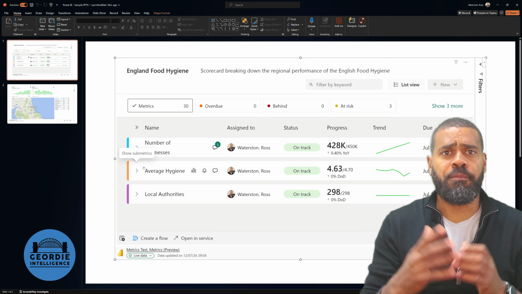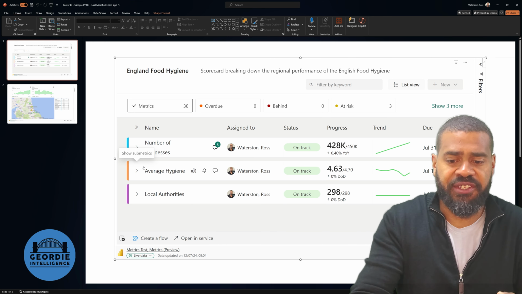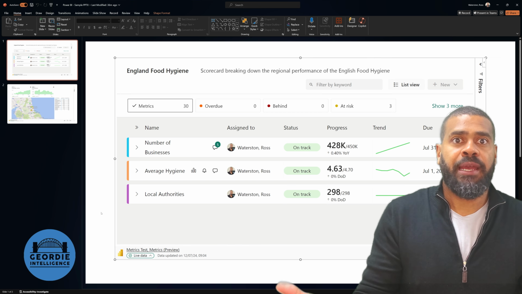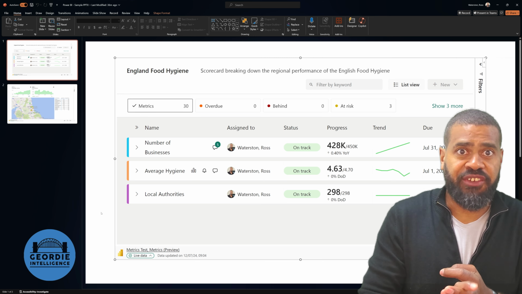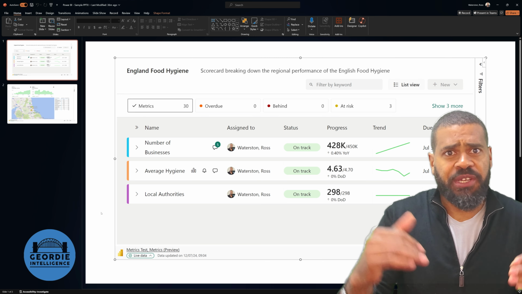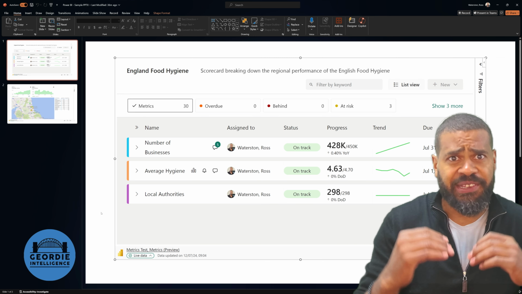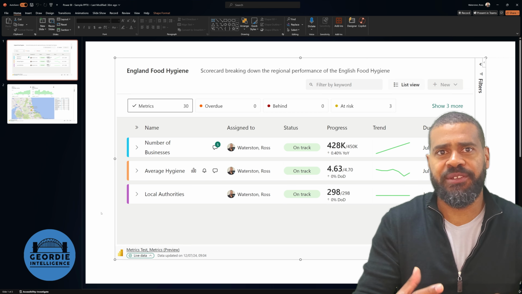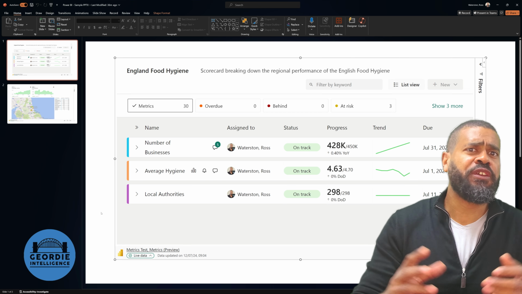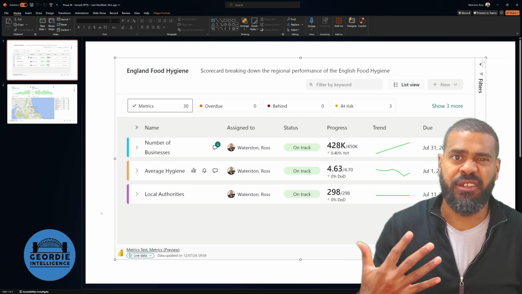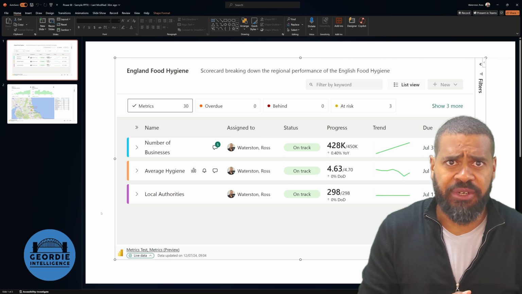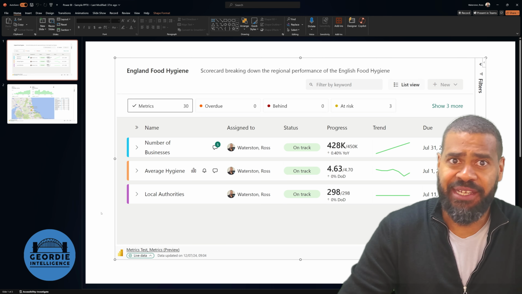So you could have your core metrics. In this case, for each region, we've got a number of businesses, the average hygiene, and the local authorities. We could go into that next level down, tailor it, and build something very quickly. Even if you got to the point where you've got, say, 2,000 metrics on the scorecard, it would be a pain in the backside to manage.